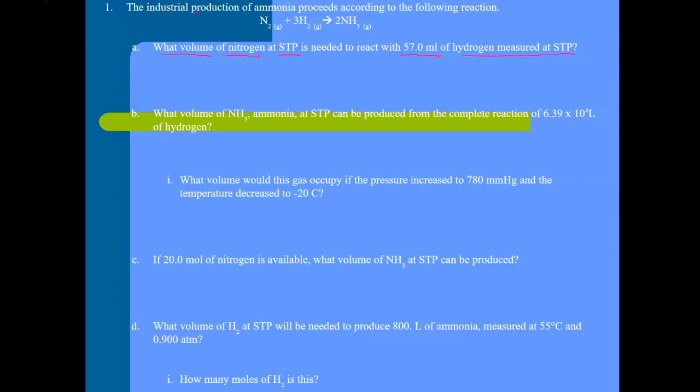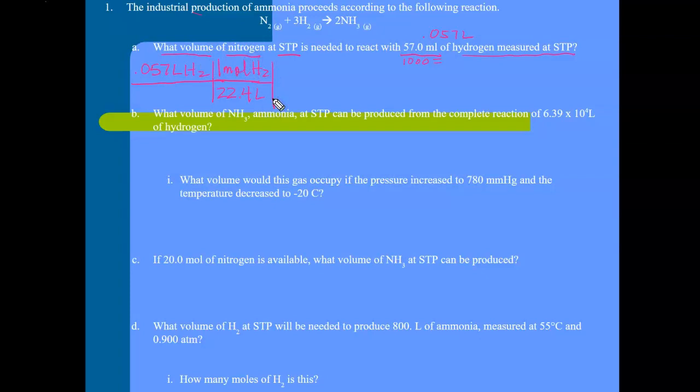I am given a volume of 57 milliliters, which is the same after I divide that by 1,000 as 0.057 liters of hydrogen. So I'm going to start with that. And I'm going to use molar volume, 22.4 liters of hydrogen, because that would be equal to 1 mole.